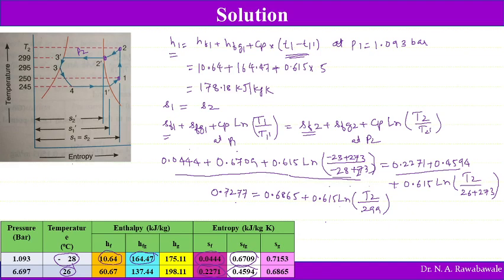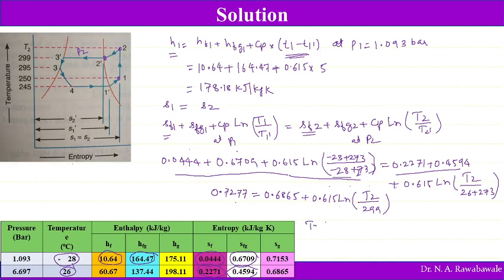0.7277 minus 0.6865, divided by 0.615, inverse natural log gives us 1.06, into 299. So this is T2.